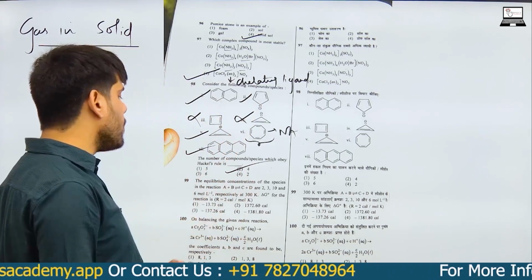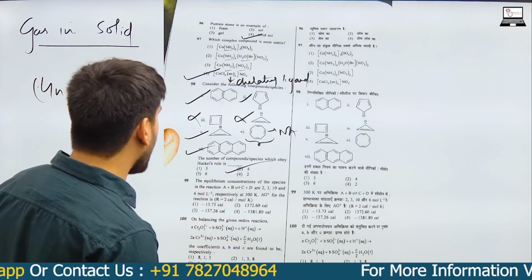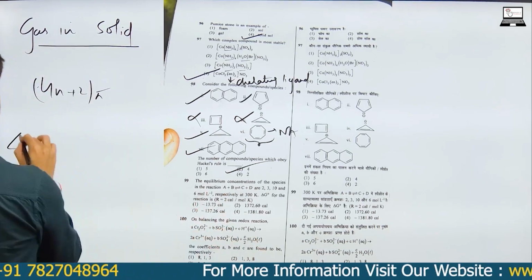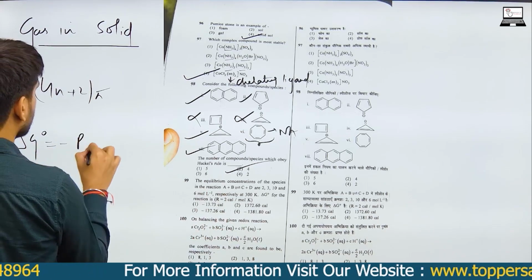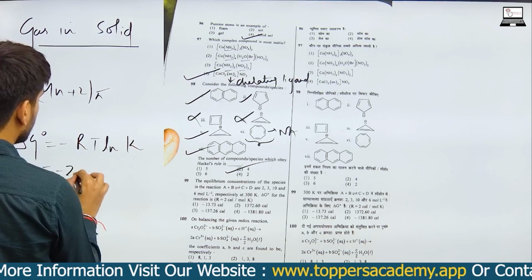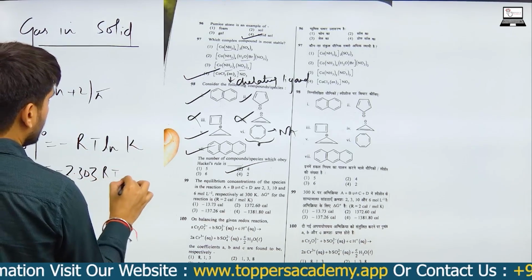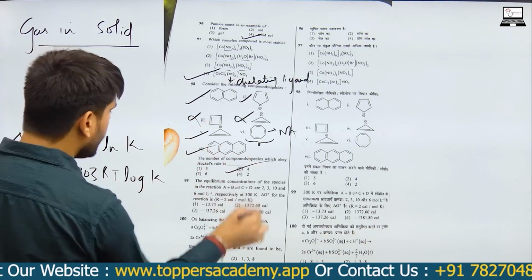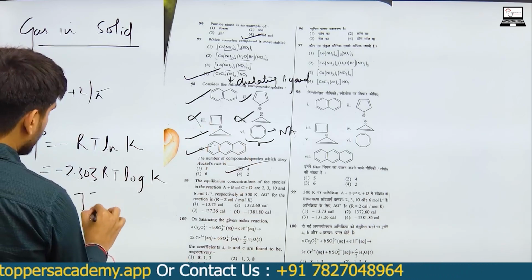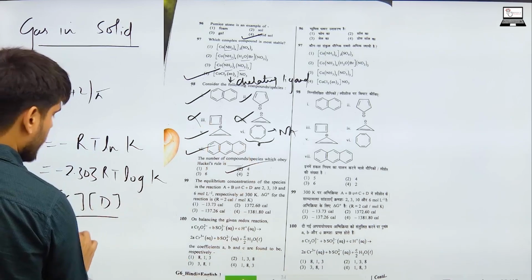The equilibrium concentrations of the species in the reaction are given respectively. For the delta G value, we know that delta G naught is equal to minus RT ln K, or we can also write it as minus 2.303 RT log K. But for that we need K equilibrium. So K equilibrium is the product concentration divided by the reactant concentration.